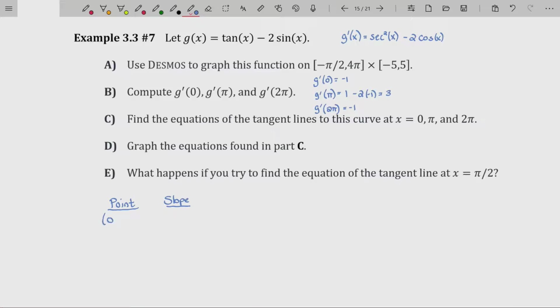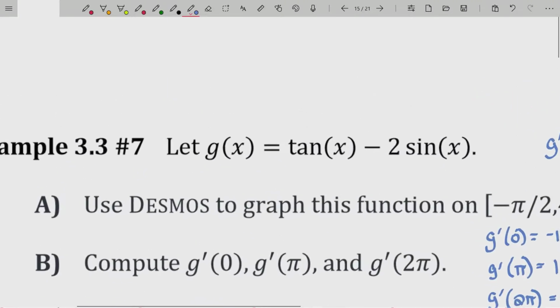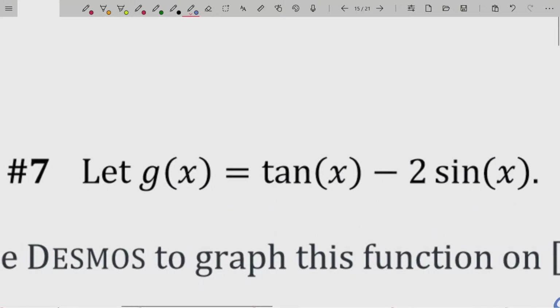Now, we were given 3 x values, 0, pi, and 2 pi. And we computed the slopes at those points, -1, 3, and -1. I just need the y values at those points, but luckily, the y value is whatever the function value is.